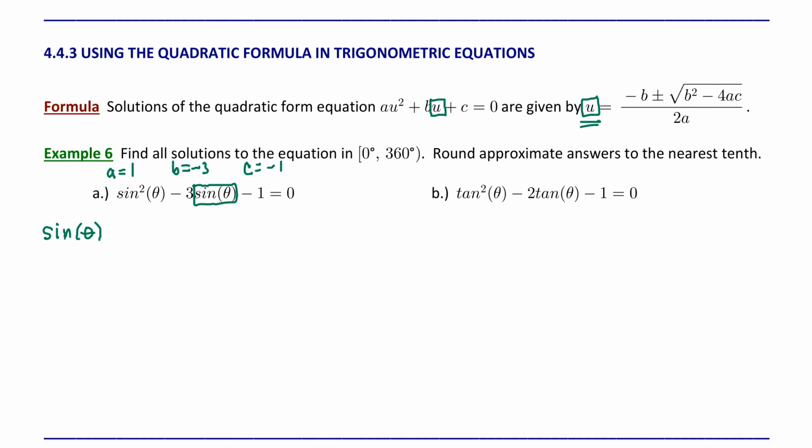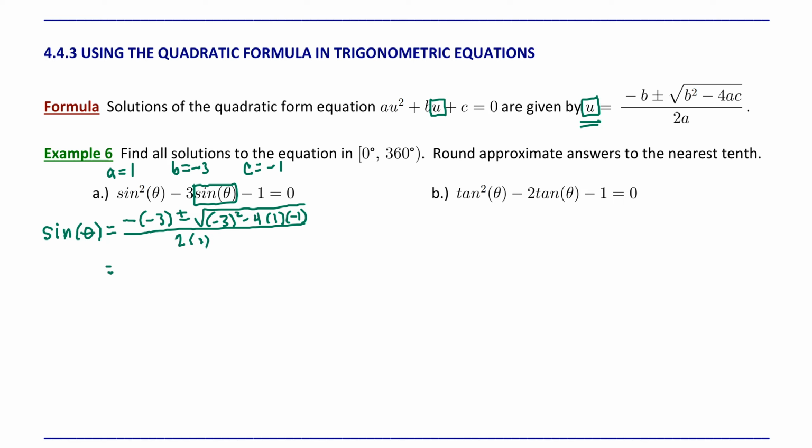So instead of saying x equals -b plus or minus so on and so forth, we're going to say sine of theta equals -b, that's -3, plus or minus the square root of b squared, that's in parentheses -3 squared, minus 4 times a, which is 1, and c, which is -1, all divided by 2 times a, or 2 times 1.